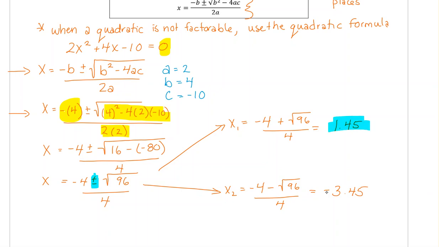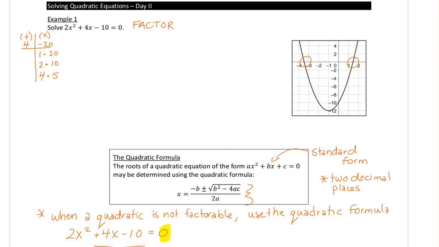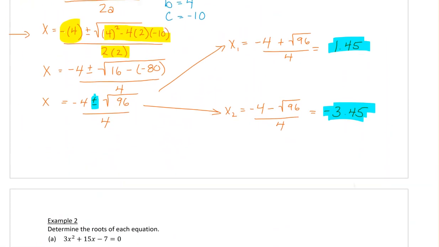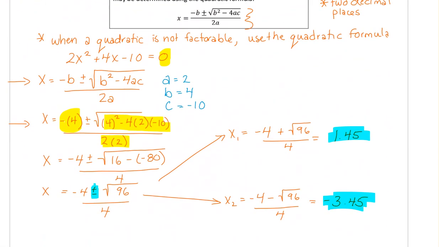So let's look at our solutions, negative 3.45 and 1.45, and see if we are right based on our graph. This looks like it's about 1.45, and this is about negative 3.45. So those are correct. And that was your first experience using the quadratic formula.